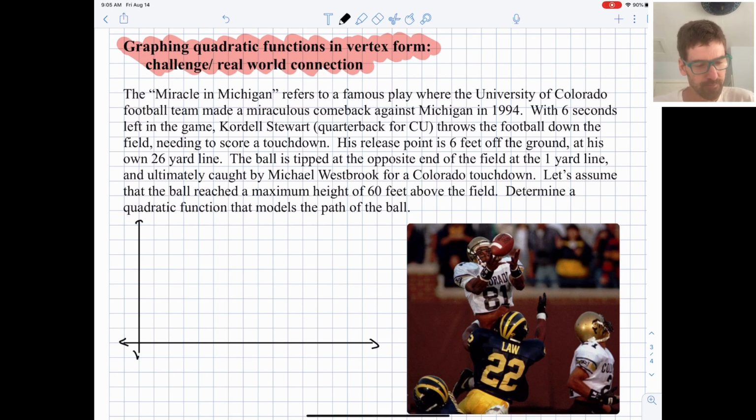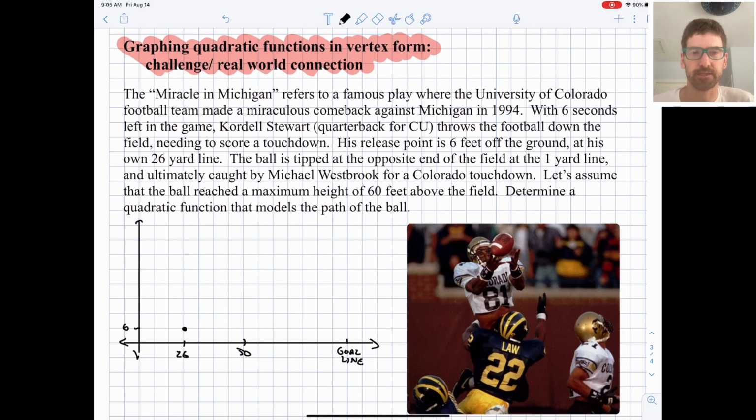So let's say this is the 50-yard line, halfway down. 1, 2, 3, 4, 5. 1, 2, 3, 4, 5. And so this is called the goal line, right there. And Cordell Stewart was roughly right here, and he roughly let go of the ball at the 26-yard line.